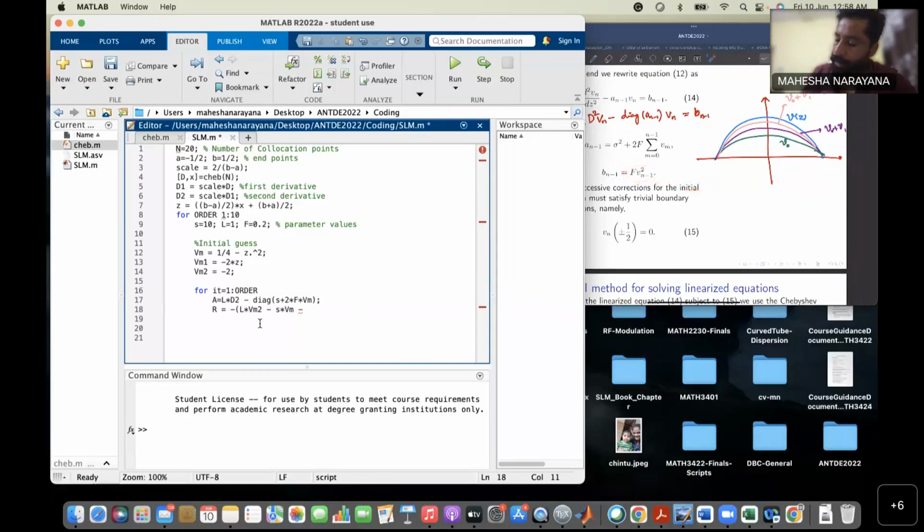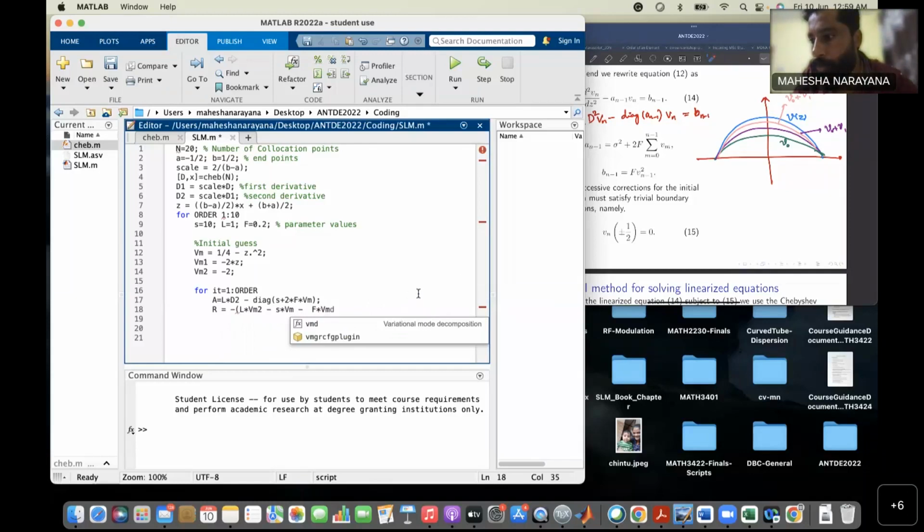So that is F times Vm square, right? F times Vm square.